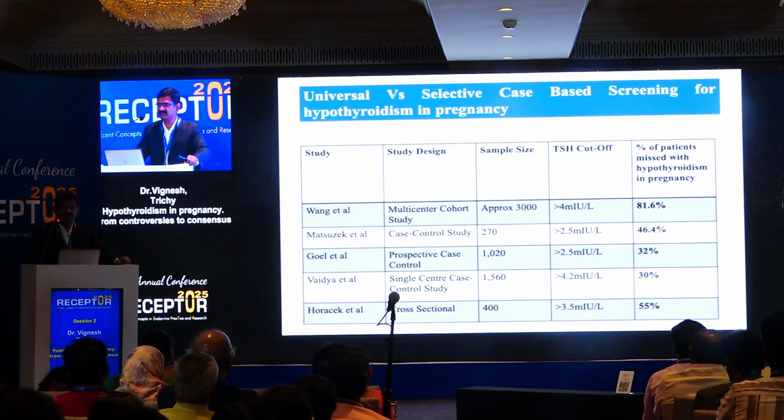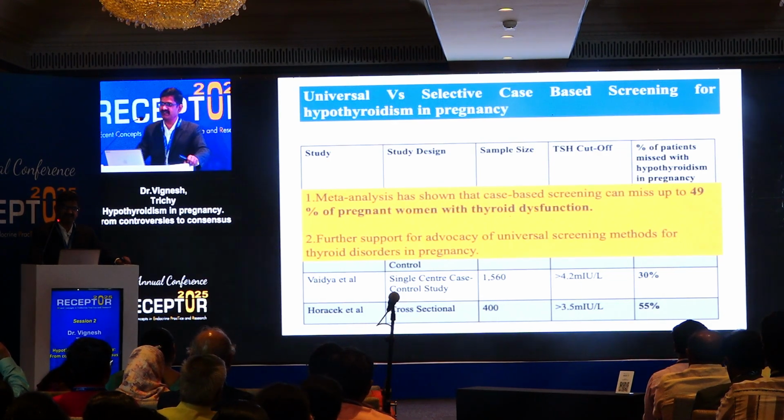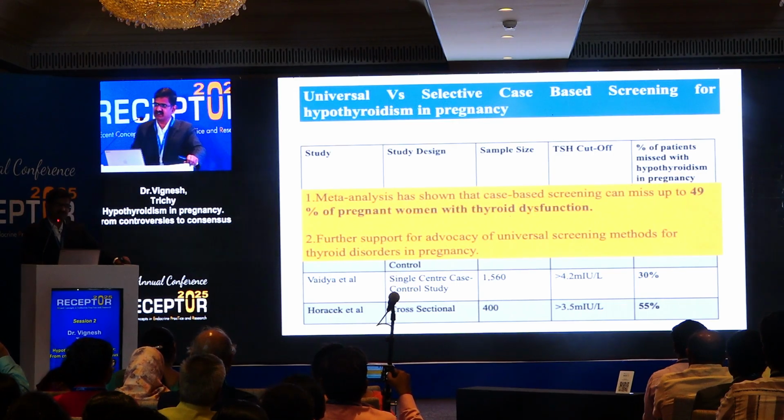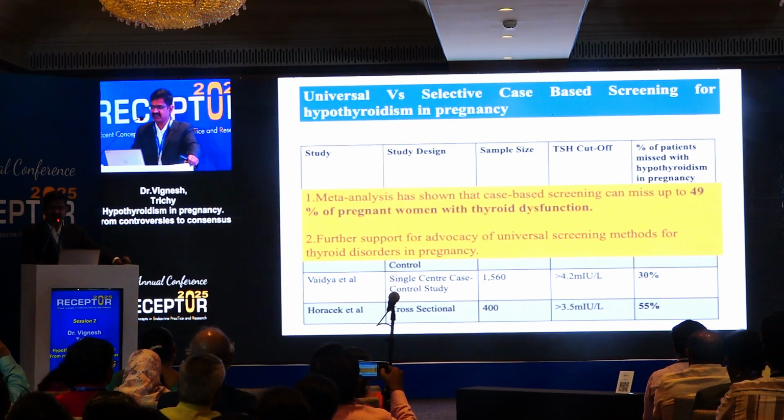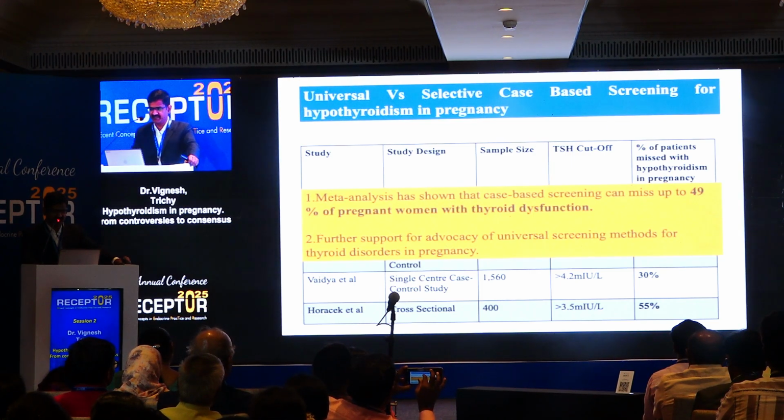If you go by symptoms, we may miss a huge number of women with hypothyroidism, which can affect both pregnancy outcome and fetal outcome. Based on various meta-analyses, up to 40 to 50% of women may be missed if we go by selective screening. So the Indian Thyroid Society in 2023 and FOGSI advise universal thyroid screening, not case finding screening.